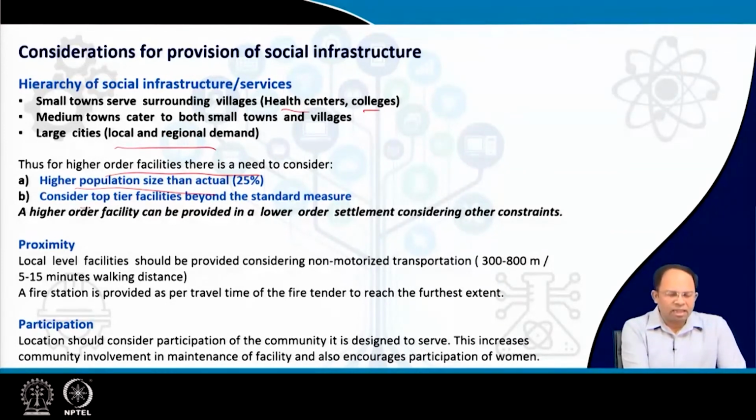Or we can say that we consider top tier facilities beyond the standard measures. When we have a total population number for a particular area, all the normal facilities could be decided as per UNDP guidelines, but the top order facility like a district hospital should be kept beyond the basic population estimates that determine the number of health centers or hospitals given in the UNDP guidelines.